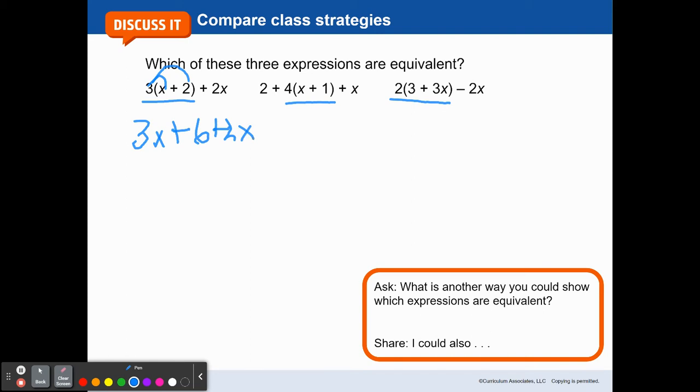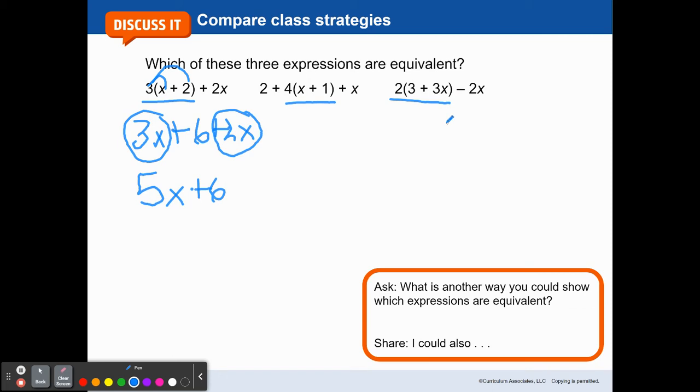I do have like terms to combine here. I have a 3x and a plus 2x. It is addition there, so I'm combining them with addition. 5x plus 6.